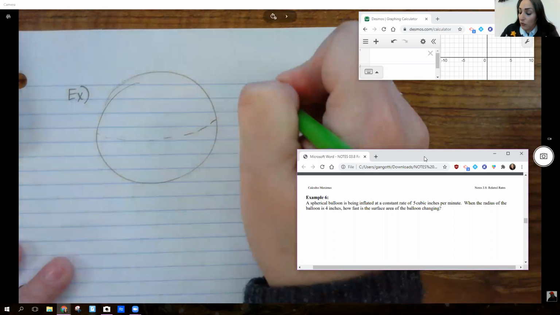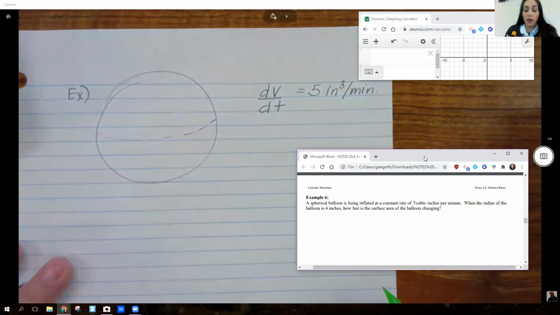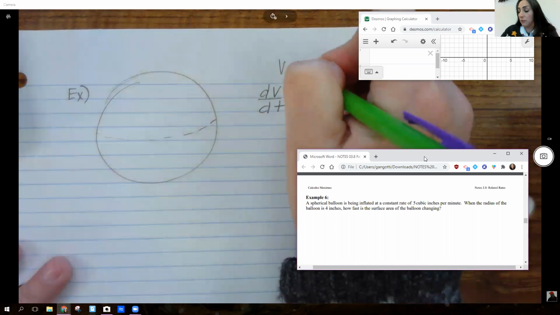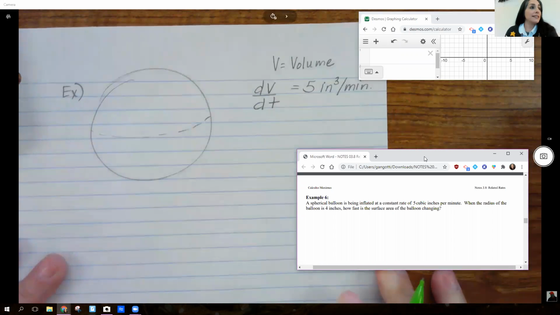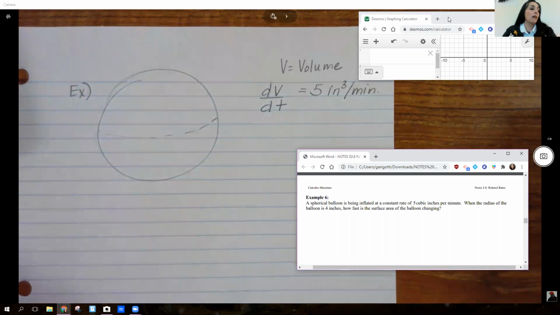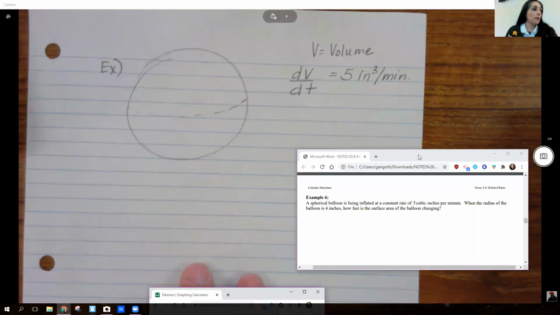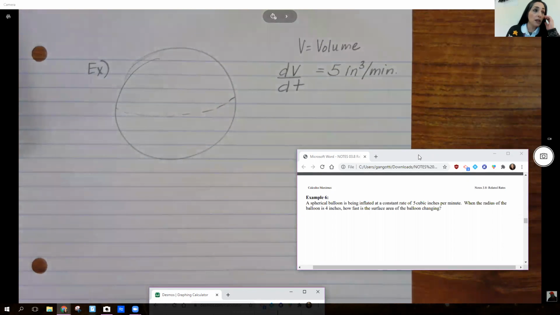So this is the rate of change of the volume, okay? So if we let V be volume, then dV/dt is going to be the change in the volume, okay?